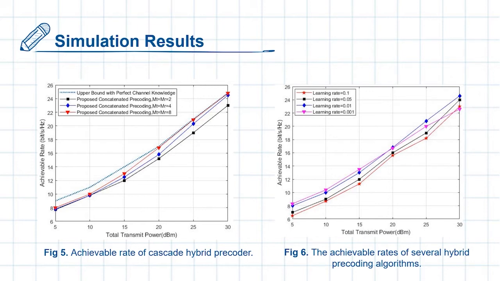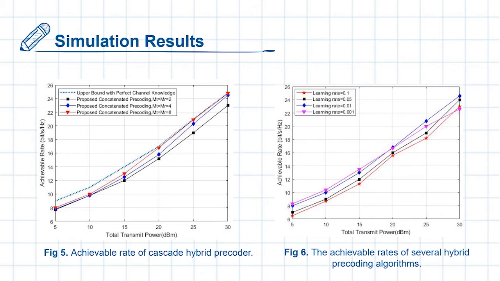Figure 6 shows the relationship between the achievable rate and the total transmit power of the cascaded hybrid precoder, the spatial sparse precoding method, and the auto precoder.